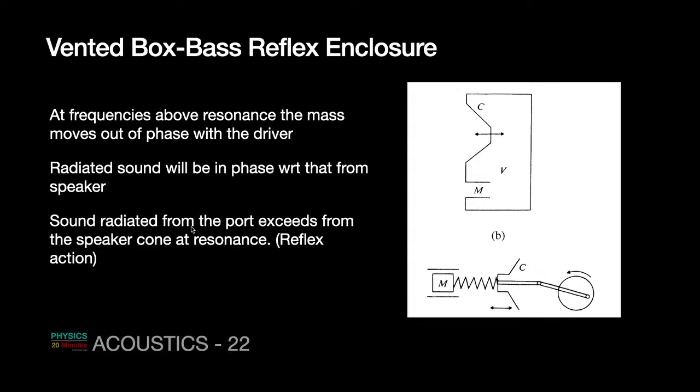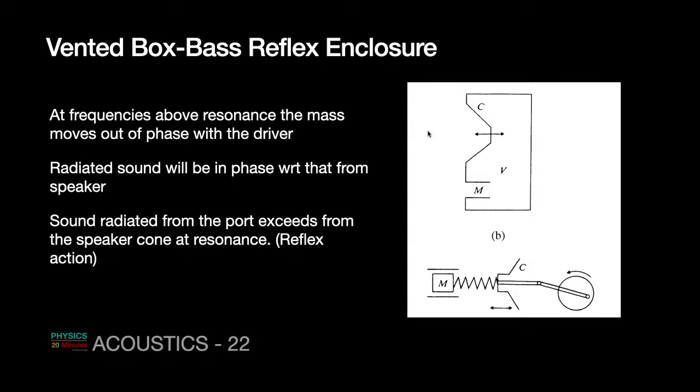The sound radiated from the port exceeds that at the cone. So whenever the resonance happens, that means the speaker is vibrating at the same frequency as the resonant frequency of the Helmholtz resonator, and in that case, the amplitude of the sound coming out from the port becomes much louder than the amplitude of the sound coming out from the speaker.